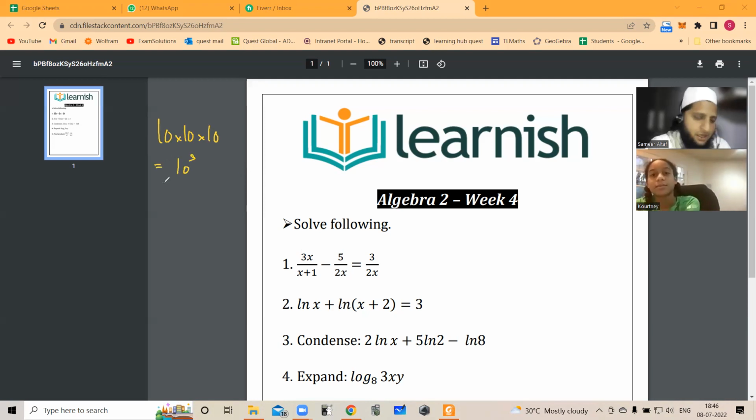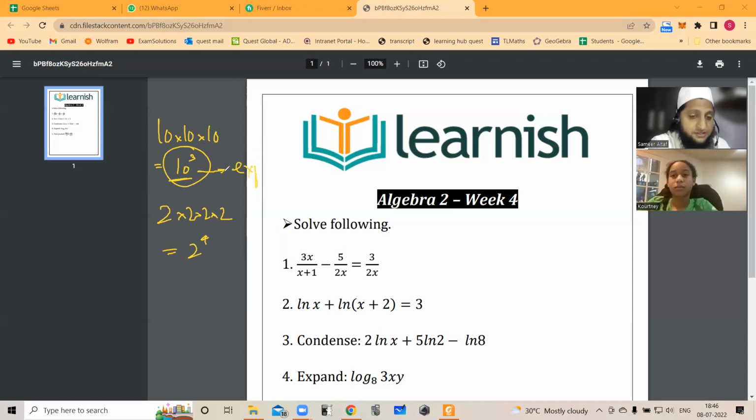Yes. And with any other number, like 2 times 2 times 2 times 2, it'll be 2 to the 4th power, right? Very simple.